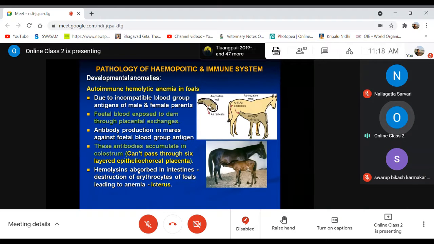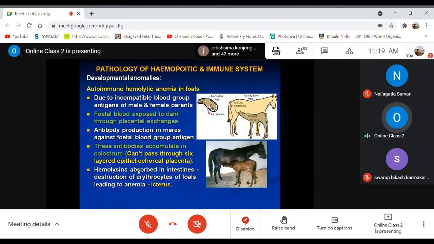So the bilirubin level will be very high and it accumulates in the tissues, mostly the visible mucous membranes and skin. Due to the high level of bilirubin in the blood circulation, the visible mucous membrane and skin of the affected animal will be yellowish in color, which is the indication of jaundice or icterus.